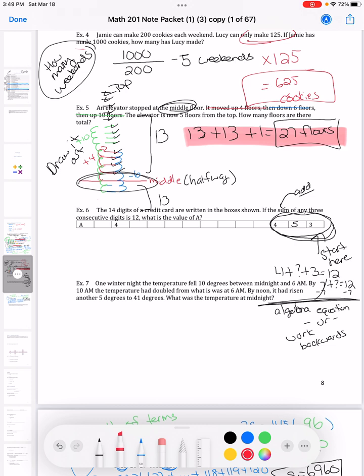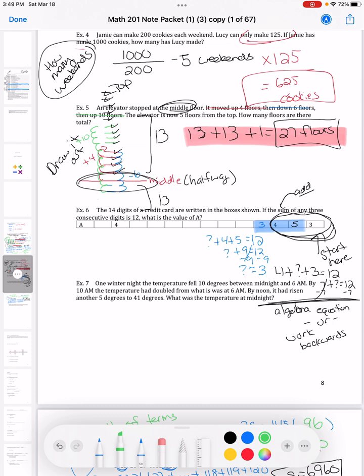Now I'm going to work kind of backwards here. I know this consecutive deal. So now I have question mark plus 4 plus 5 has to equal 12. 4 plus 5 is 9. So that means the question mark is 3.